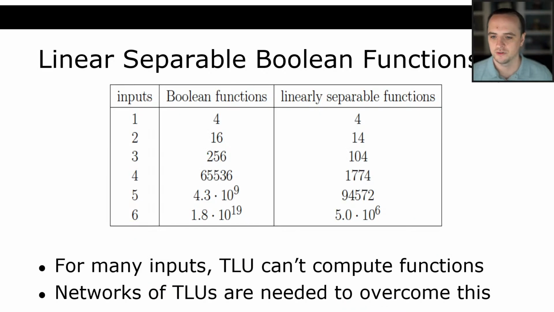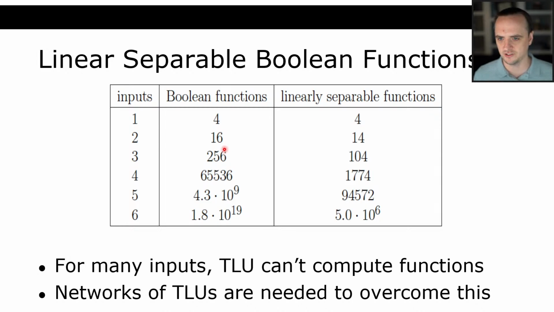It turns out that for Boolean functions, many more functions are not linearly separable than are linearly separable. So for example, if you have 2 possible inputs, and you look at all the different operators on Boolean variables, there are 16 possible Boolean functions of 2 inputs, of which 14 of them are linearly separable.